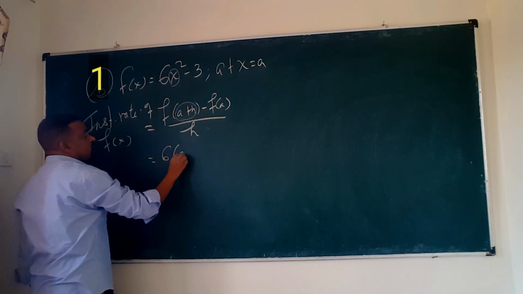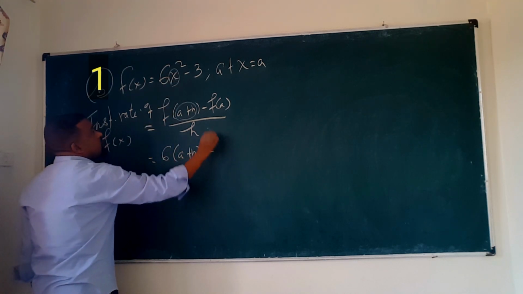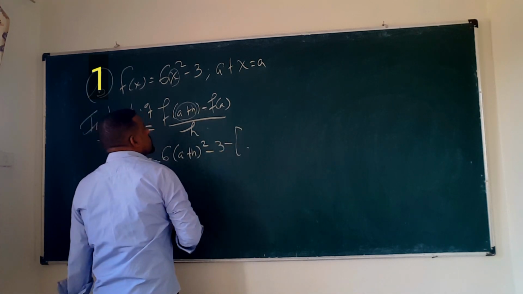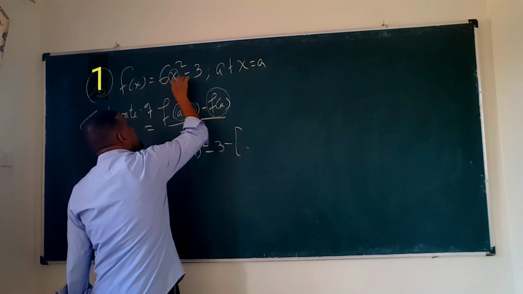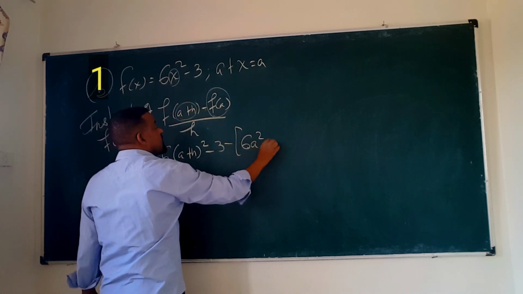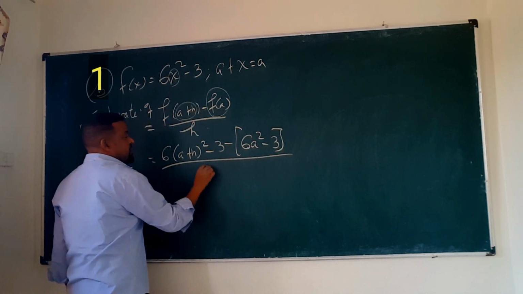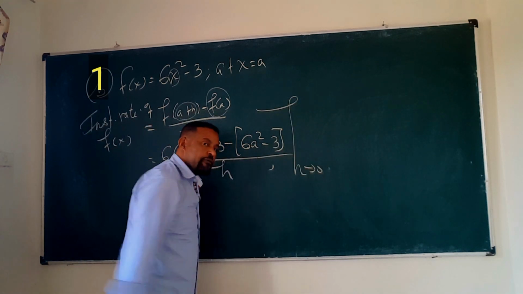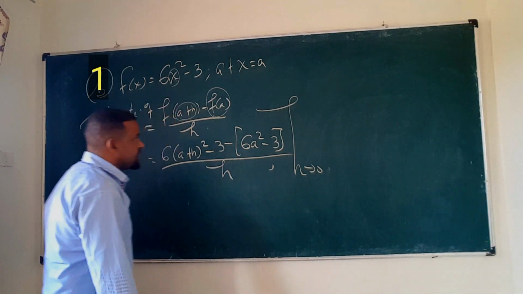So 6 into a plus h the whole squared, minus 3, then minus, you just open the bracket, f of a means putting a in here, 6a squared minus 3, over h. Of course h is approaching 0.